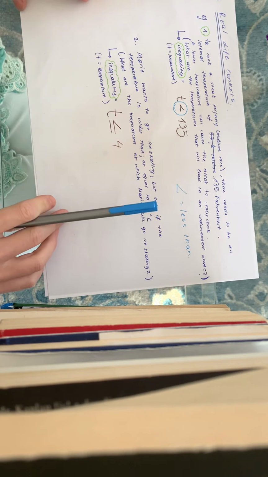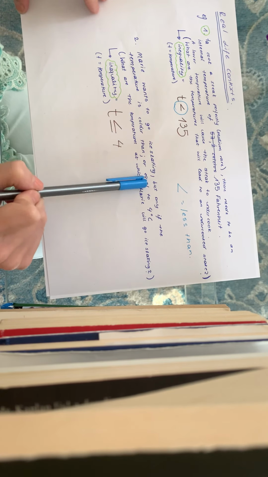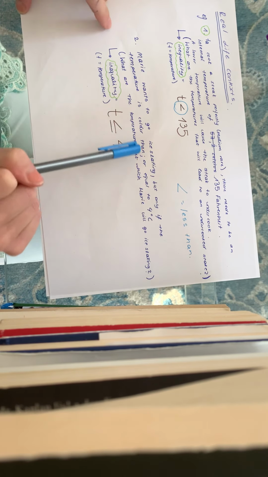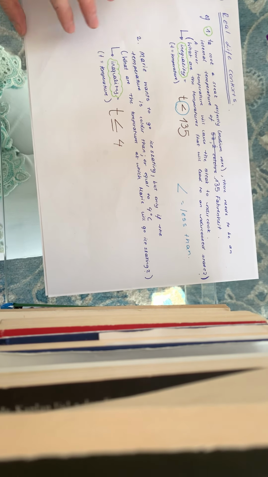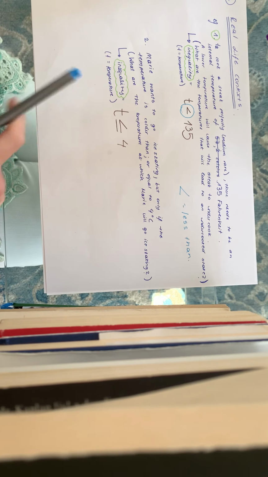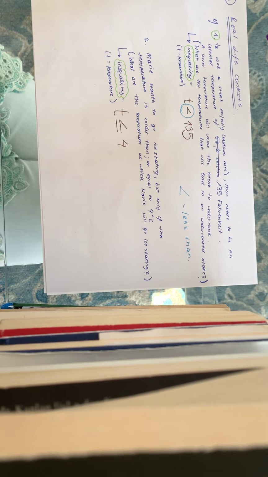Number 2, Marie wants to go ice skating, but only if the temperature is colder than or equal to 4 degrees Celsius. Now we want to know what the temperatures are at which Marie will go ice skating. In this inequality, the T also stands for temperature.